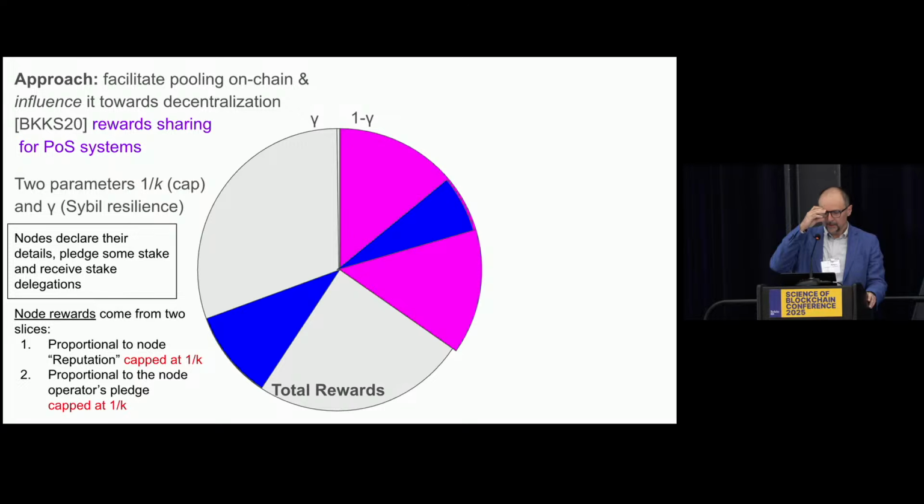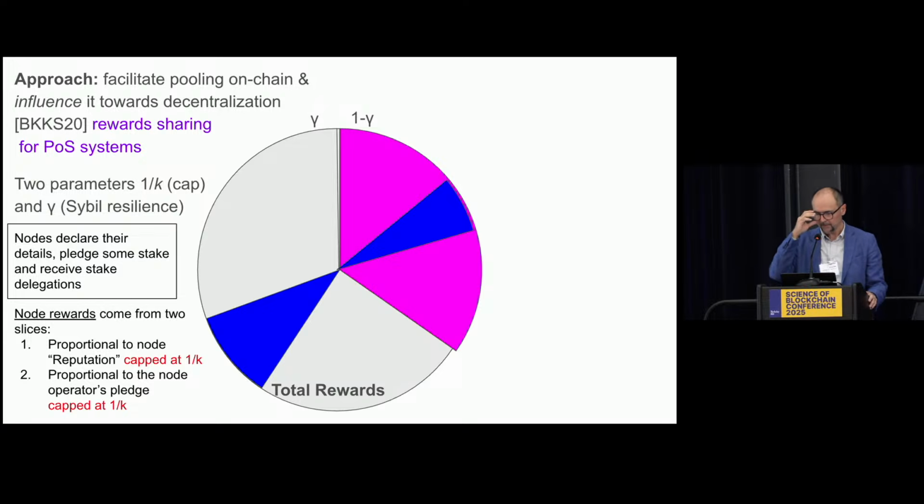The key idea is to allow nodes to declare their details on-chain, for example, their operational costs, their address, their information, their characteristics, as well as pledge some stake. Then, using the ledger as an advertising bulletin board, you can attract delegations from others that will form the node reputation. To increase inclusiveness and participation, we can allow this to be pretty low barrier. And then we can use these nodes as the nodes that are running the protocol.